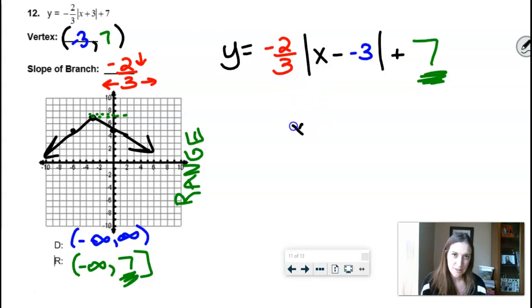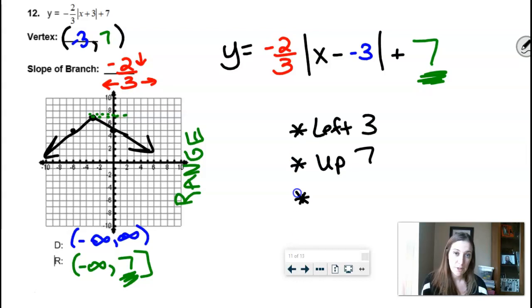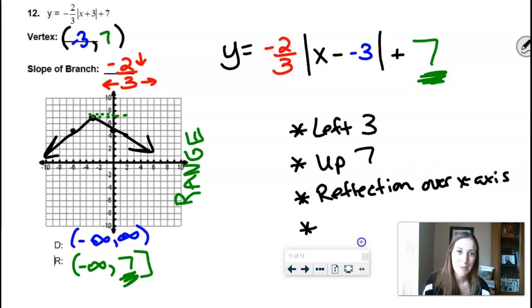Speaking of transformations, let's talk about them. So everybody can see the left 3. Everybody saw the up 7. But there's actually 2 more transformations here. We have a reflection. And then I would love for you to say reflection over the x-axis, because yes, there is a different type of reflection out there as well.